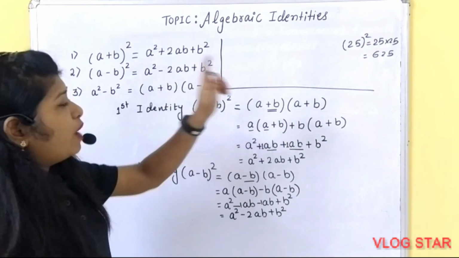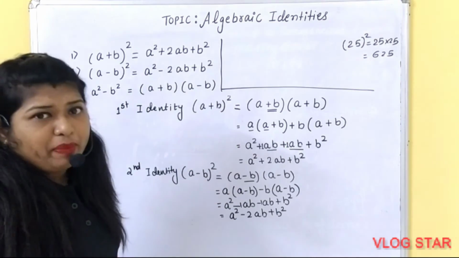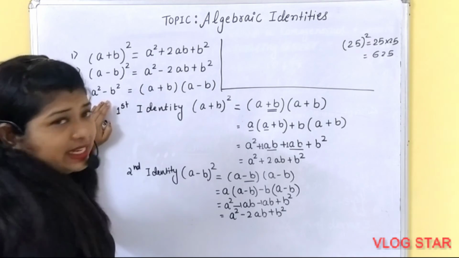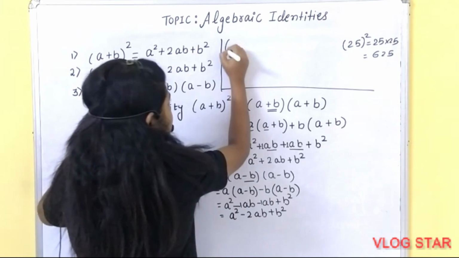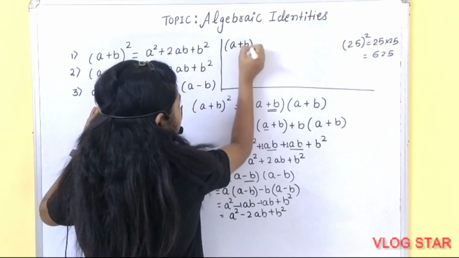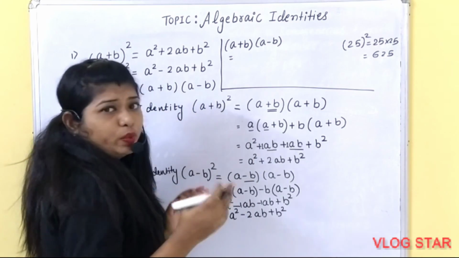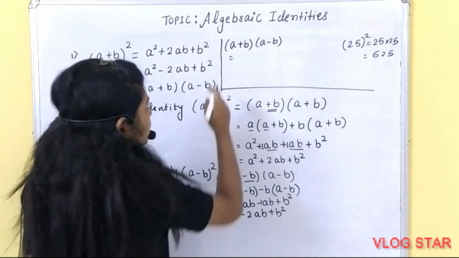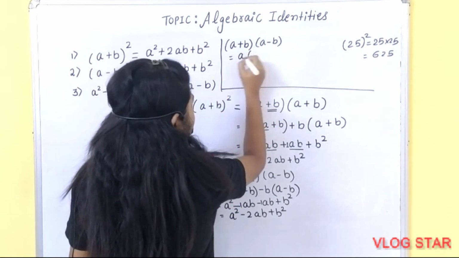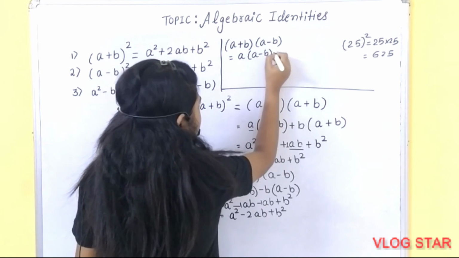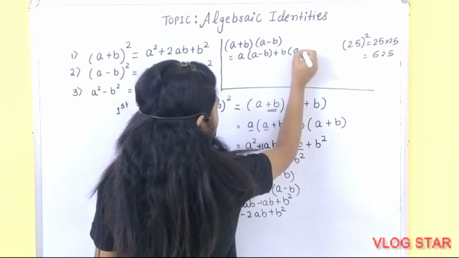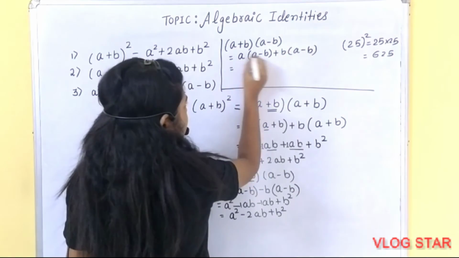In this case, we have to consider the right hand side to find the left hand side. So if I consider (a + b) into (a − b), as I said, you need to perform the multiplication between the two brackets. So you will get a into (a − b), this is the representation, and b into (a − b).